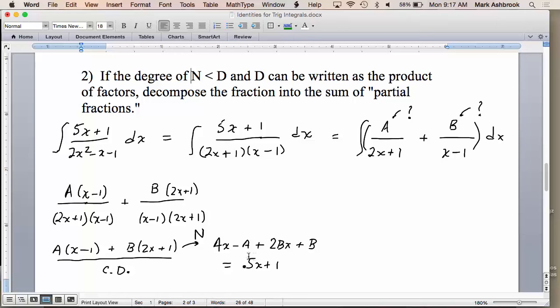So basically, what's the coefficient of x? 5. So we look at Ax and 2Bx, which are our 5x term. And then the minus A and the plus B have to equal the plus 1 term.